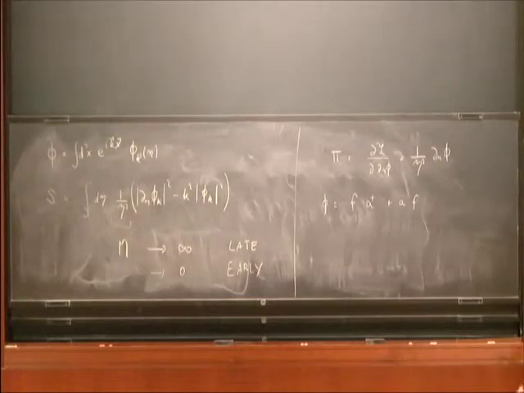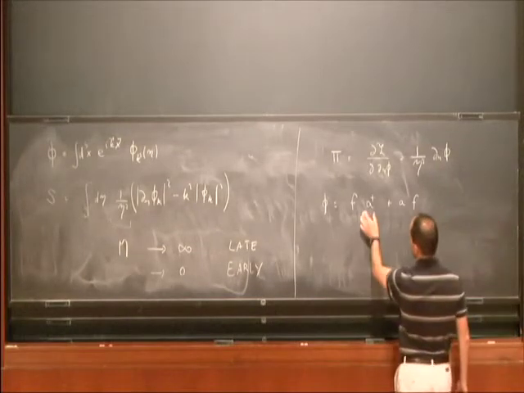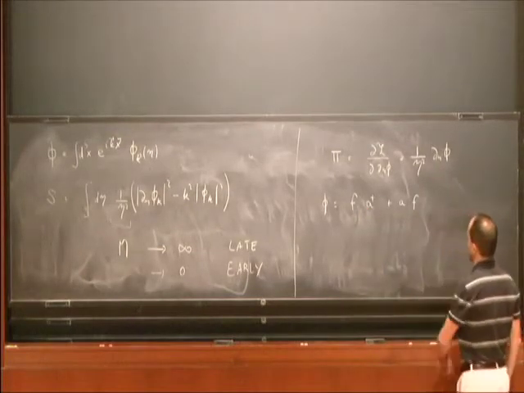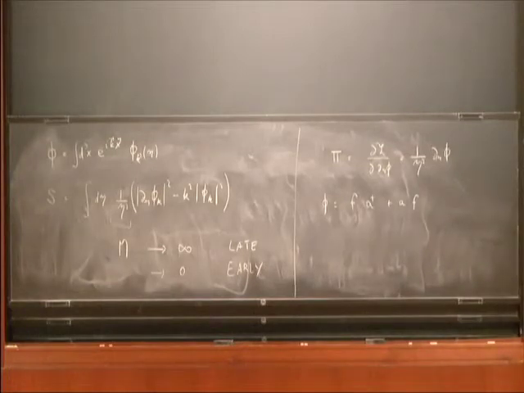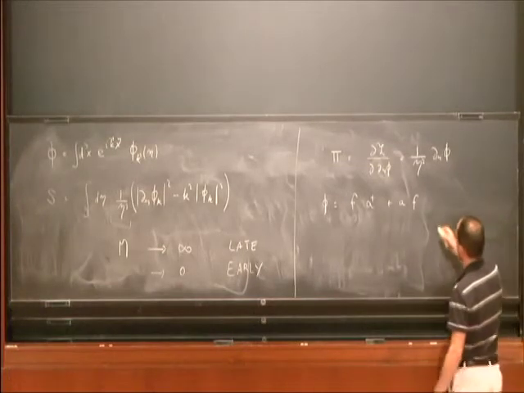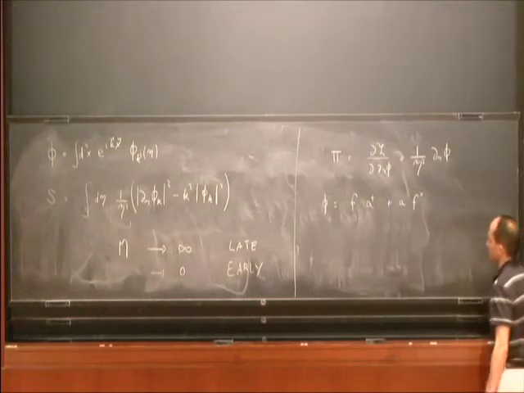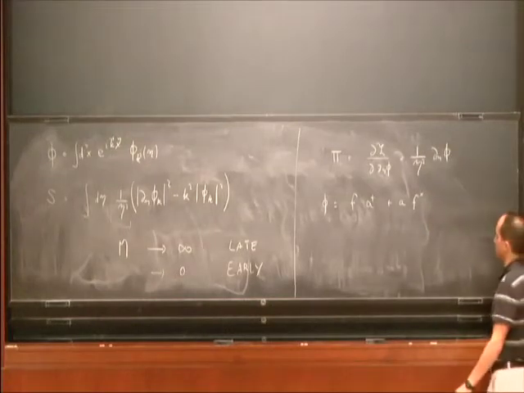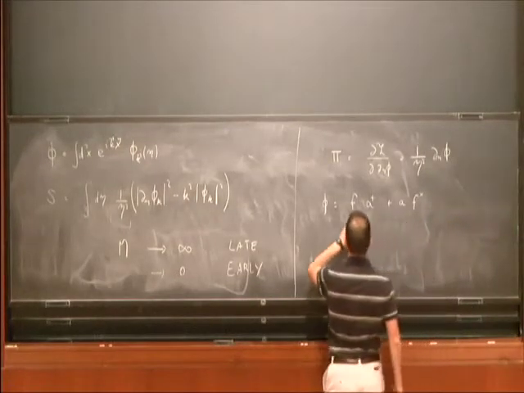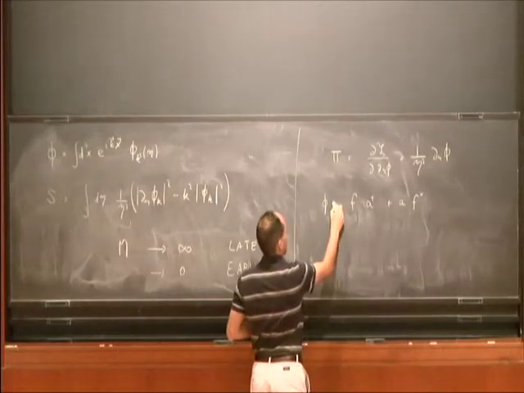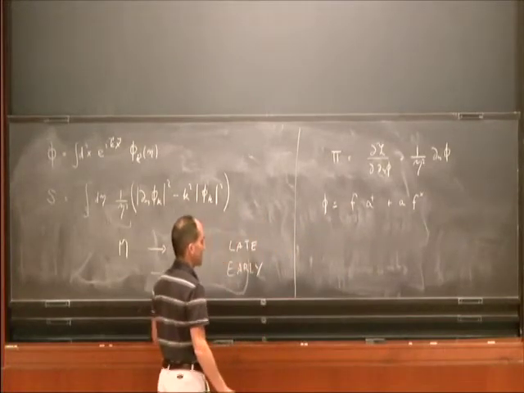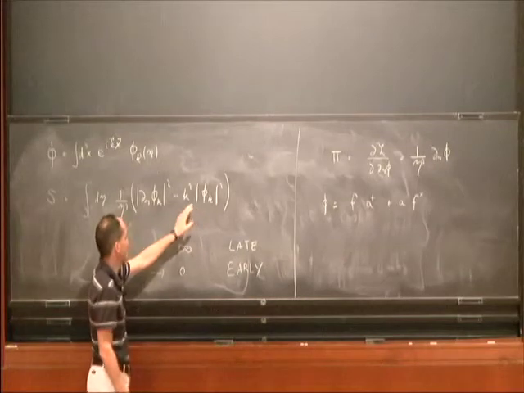If we do this, we make sure that these operators A and A dagger that appear here are time independent. Now, we can do this in many possible ways. F is a classical solution of the equations of motion of this Lagrangian.